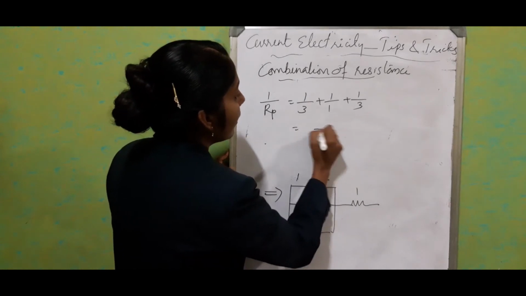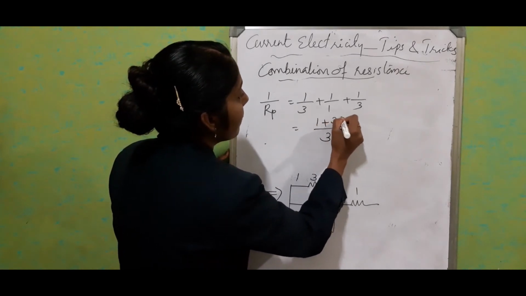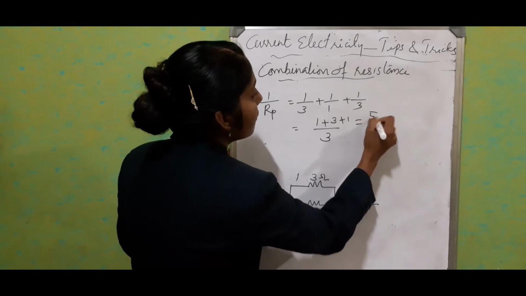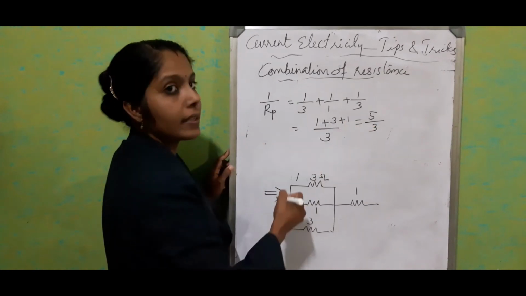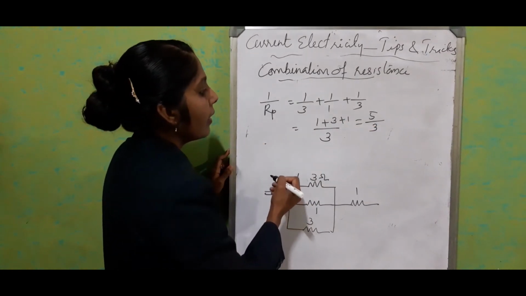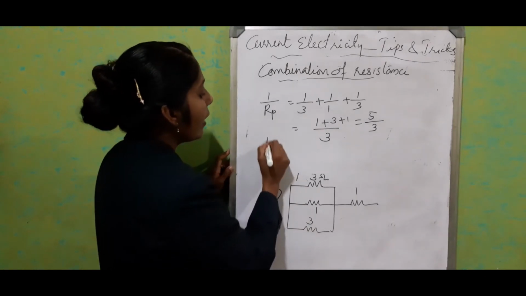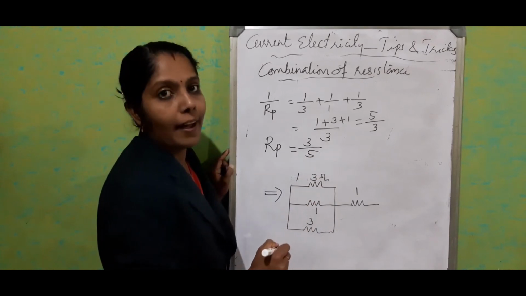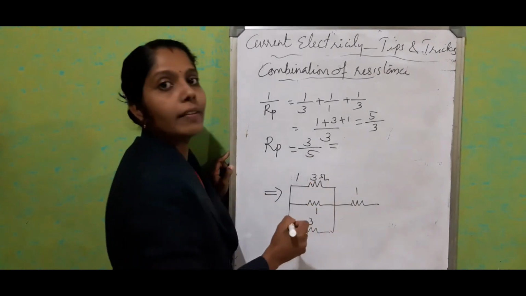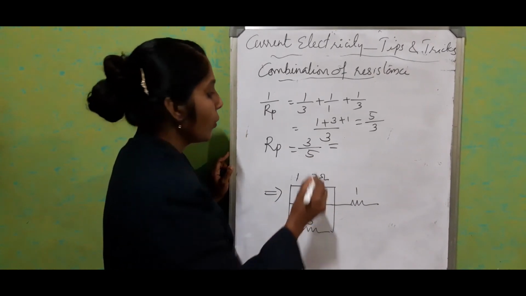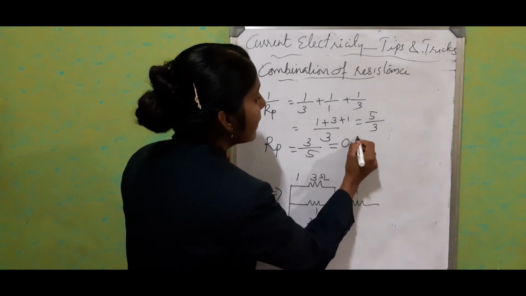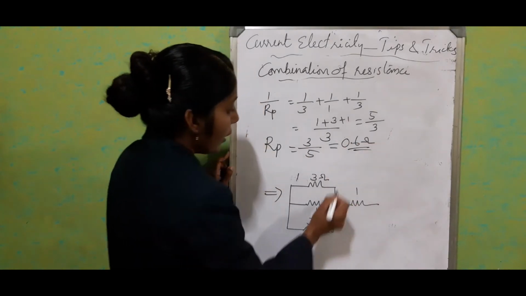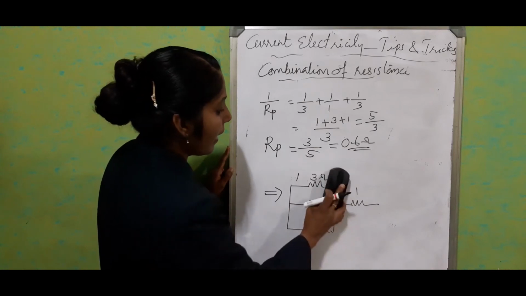It's 1 plus 3 plus 1 over 3, which is equal to 5 by 3. So 1 by Rp is equal to 5 by 3, then Rp is equal to 3 by 5. So we will get it as 0.6 ohm. So we solved this part.